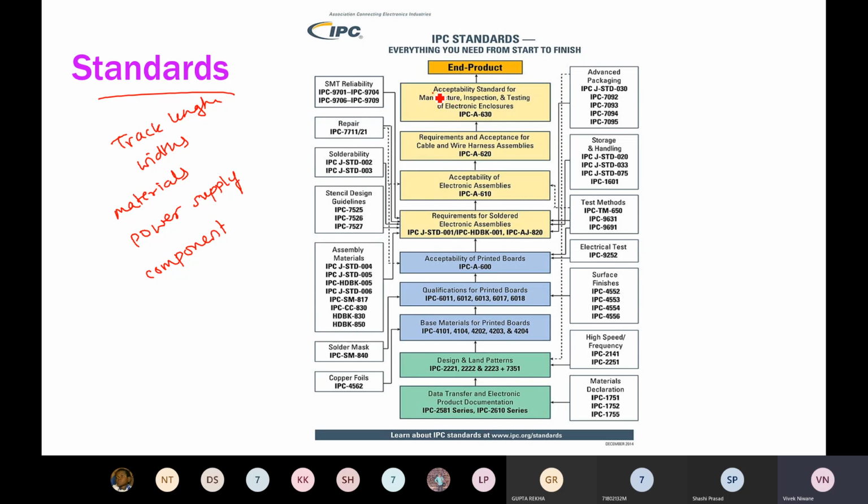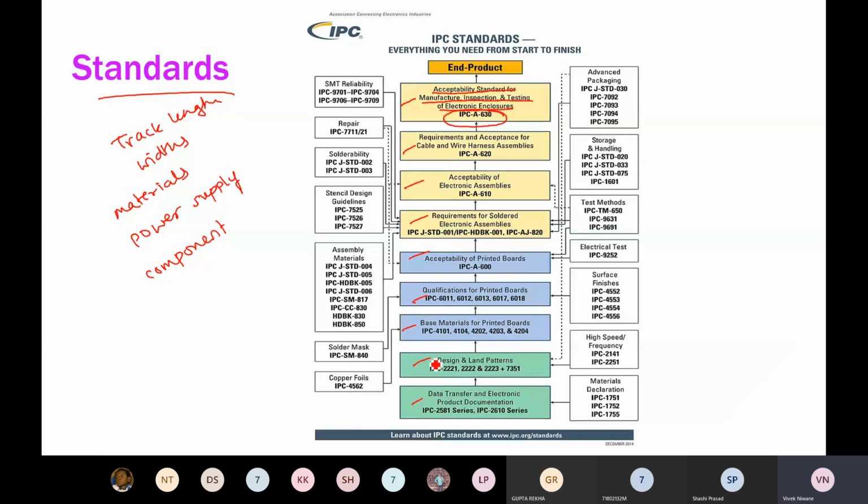You can see the acceptability standard for manufacture, inspection and testing of electronic enclosures. It's okay if you do not remember this number, but remember for what different purposes we have the standards. You have to list them out and keep them.